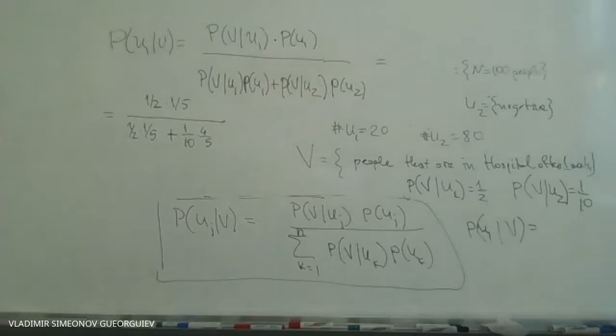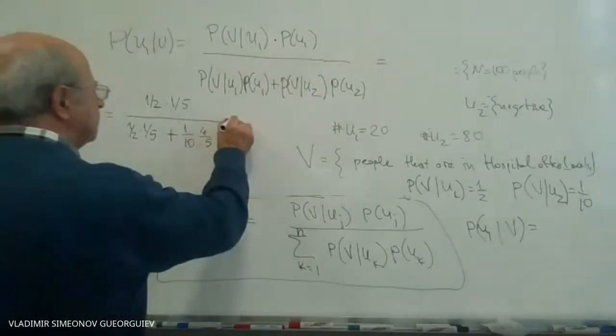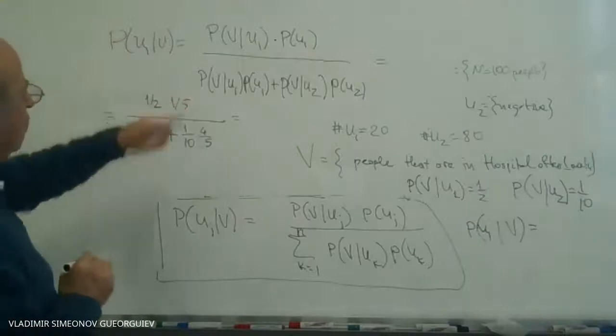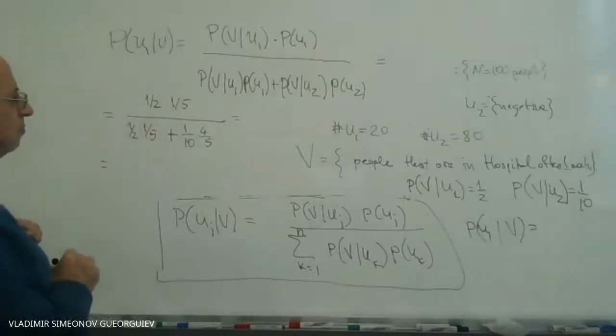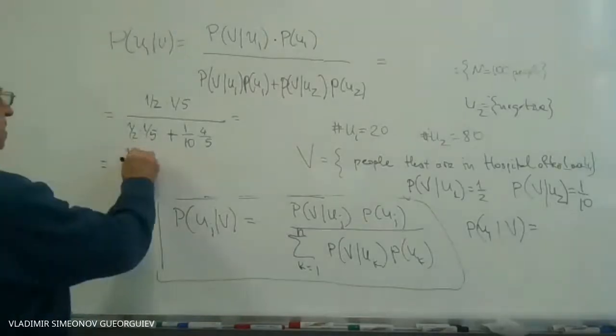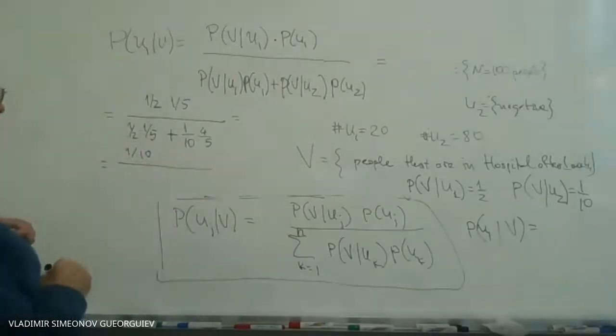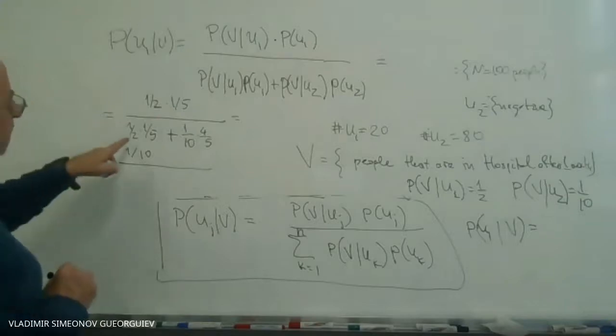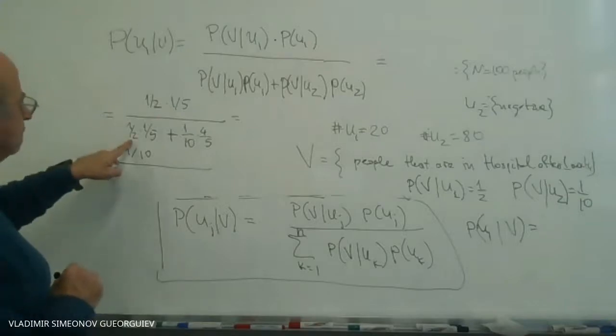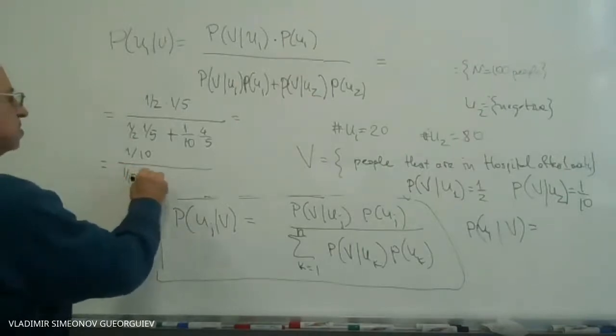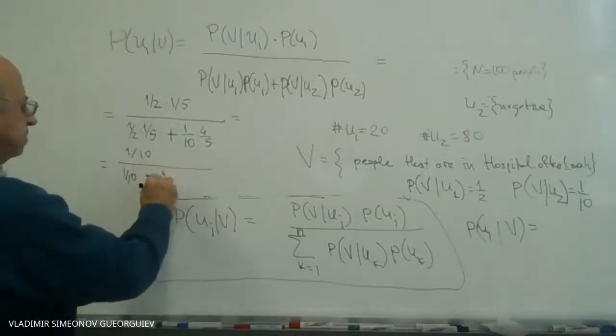Now let us compute this. So we have 1/10. Here we have 1/10. Here what we have, one half times 1/5 is 1/10, plus 4/50.